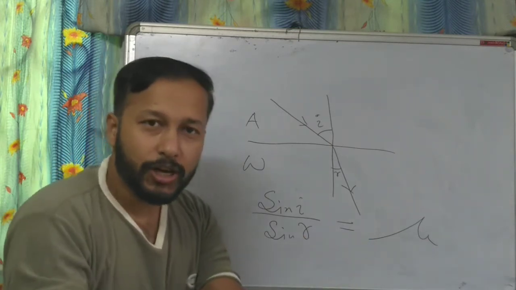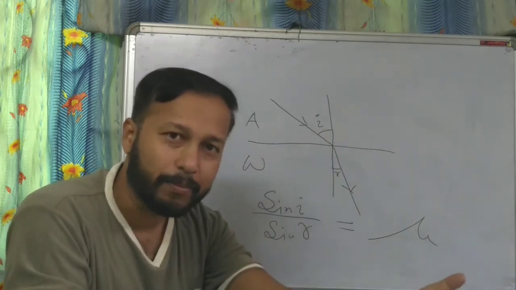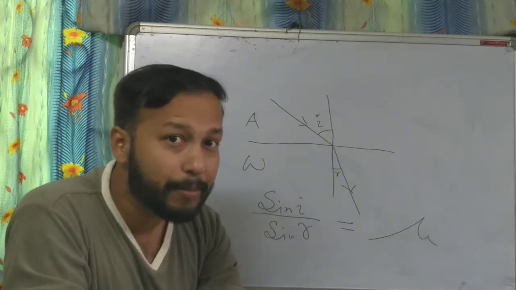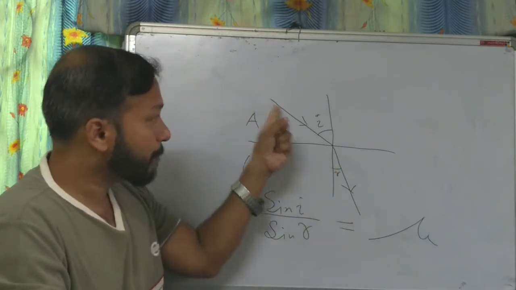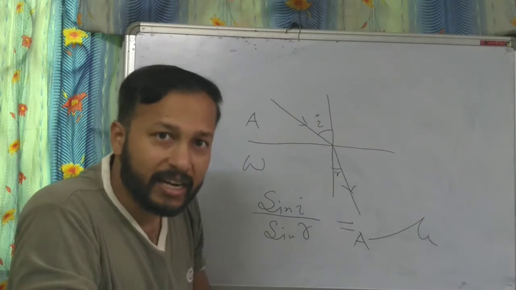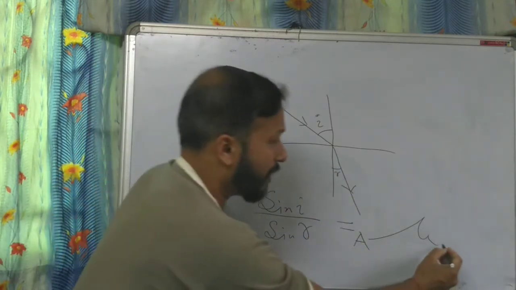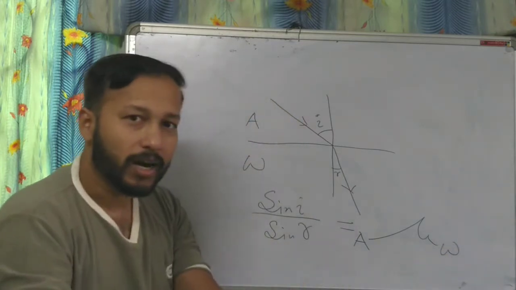Now you have to write something here. You just have to see from which medium light is going to which medium. Here light is coming from air, so you will write A here, I mean air. Which medium is light entering? Water. So you will write W here.